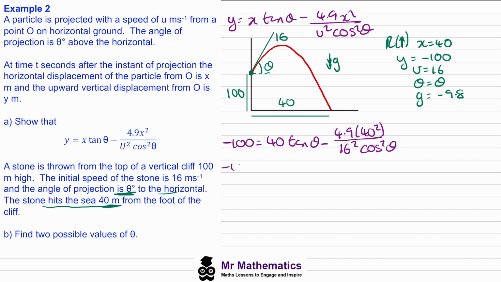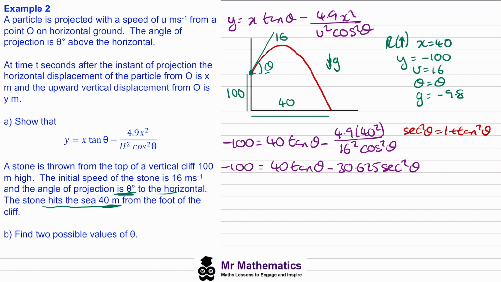So we get negative 100 will equal 40 tan theta minus 30.625 sec squared theta. So the reason why I moved this cos squared to the top is because we know there's an identity relating sec and tan. So sec squared theta will equal 1 plus tan squared theta.